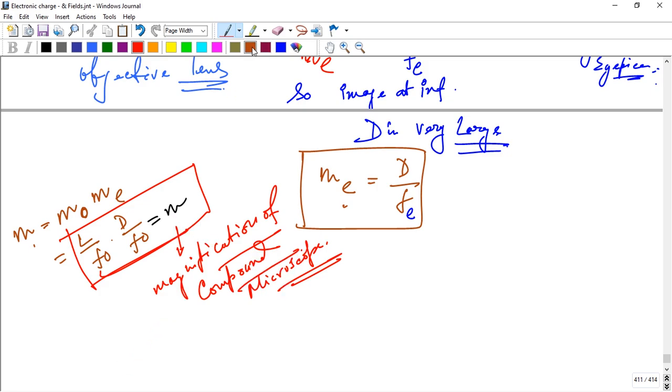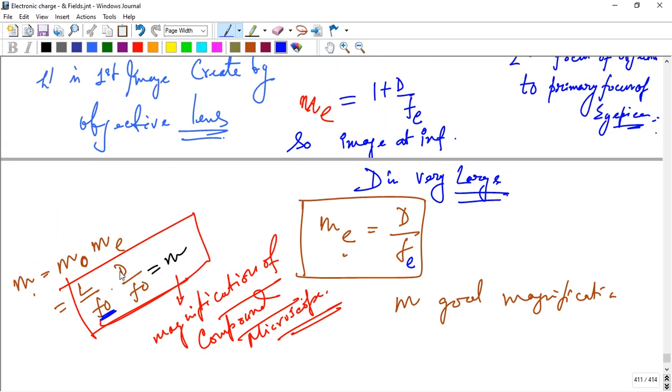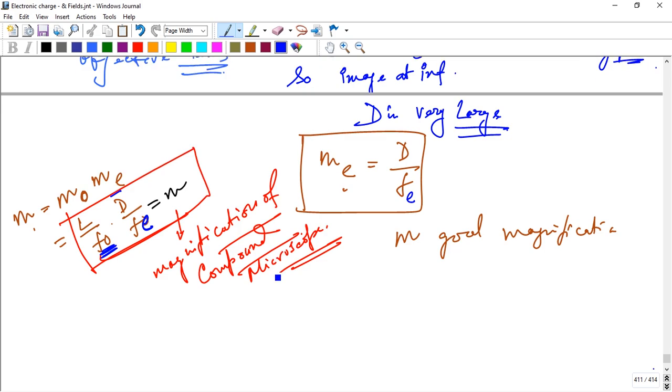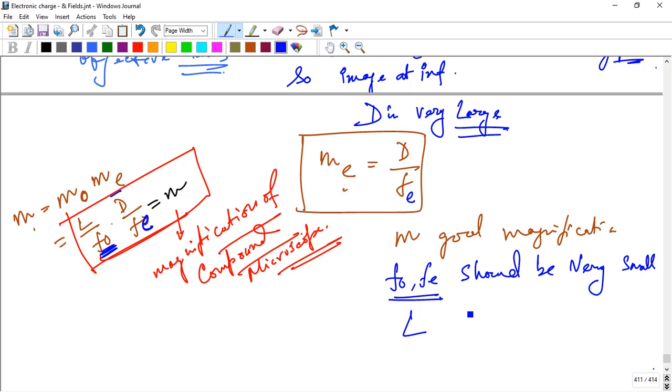Clear? So for good magnification, see this very carefully: ME is D by FE. The focal length of the objective lens and the focal length of the eyepiece lens should be very small. If F0 and FE are small, then L should be large.